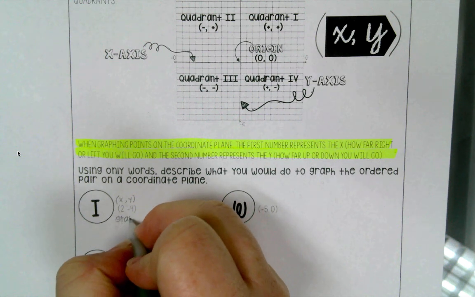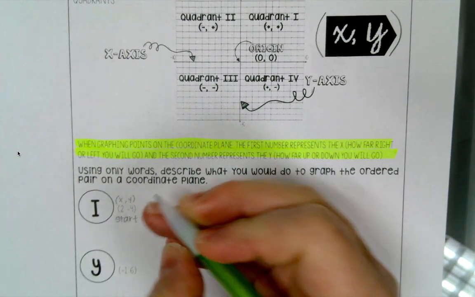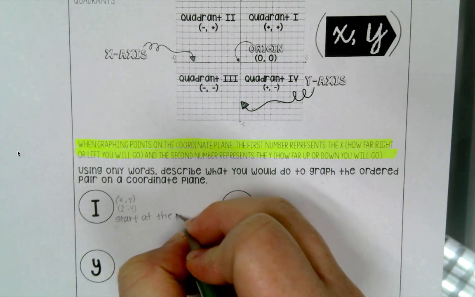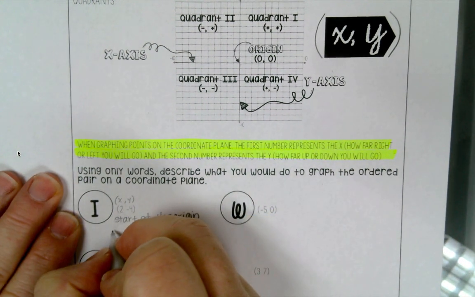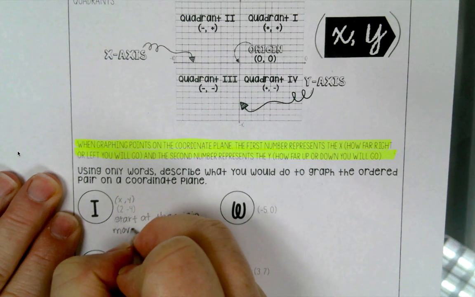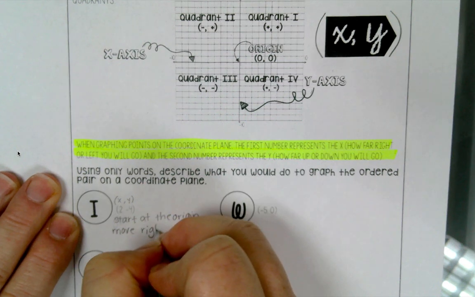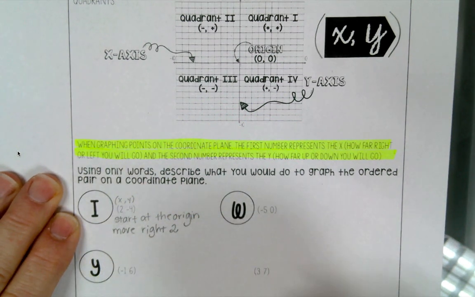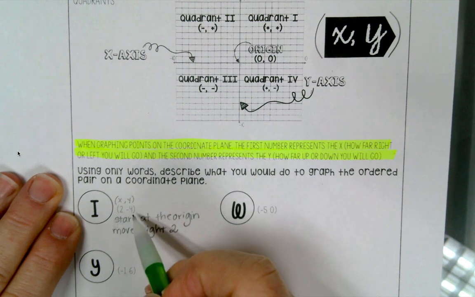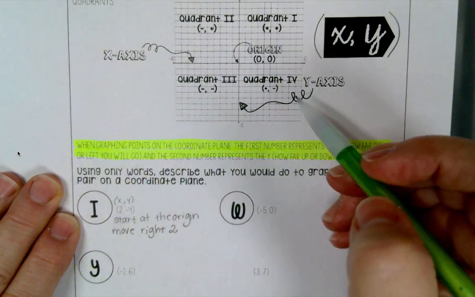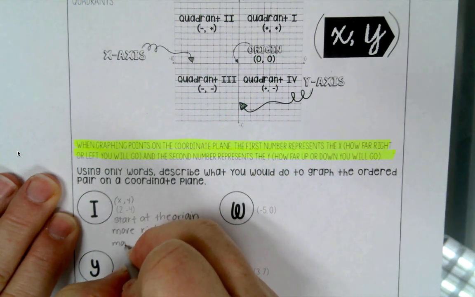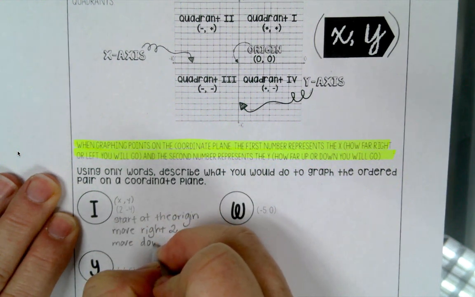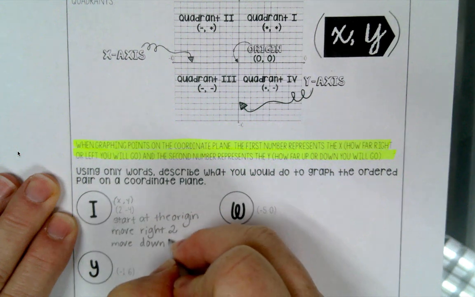Start at the origin. Okay. Move right 2. Then I have negative 4, which is y going up or down. So if it's negative, we're going to go down. Move down 4.